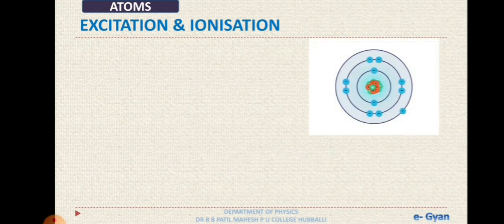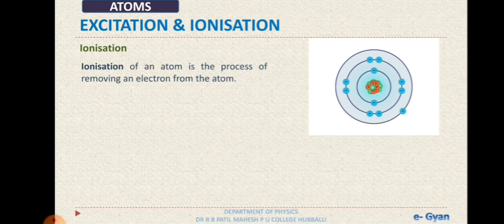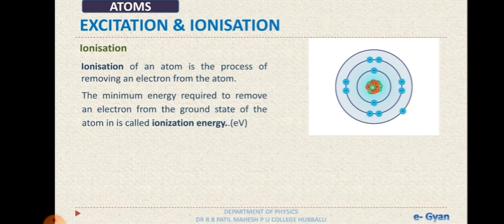The next phenomenon is ionization. If the atom obtains sufficient energy, there is a possibility that the electron can move out of the atom and become free. So the ionization of an atom is the process of removing an electron from the atom. The minimum energy required to remove an electron from the ground state of the atom is called ionization energy.